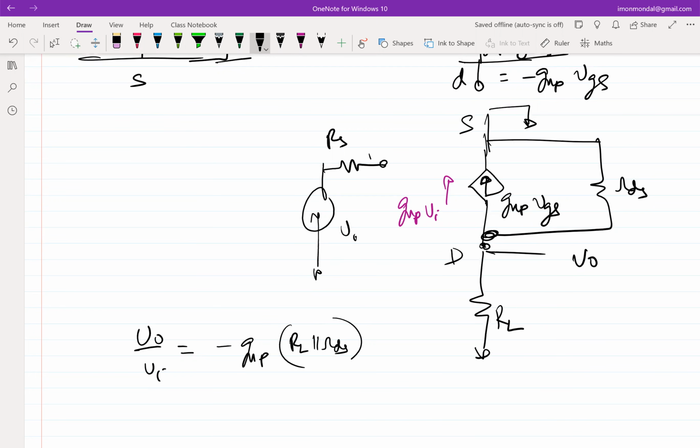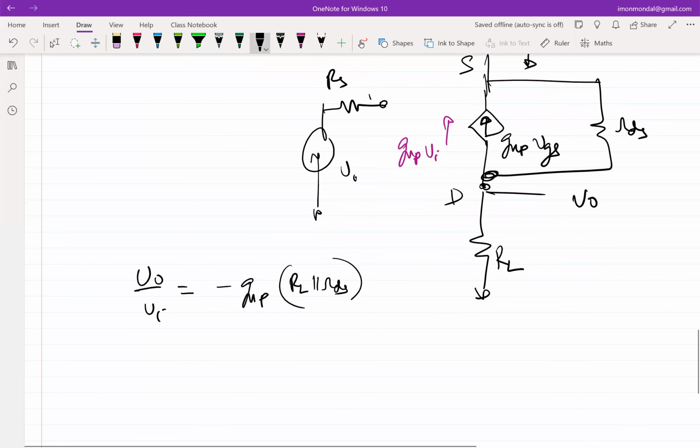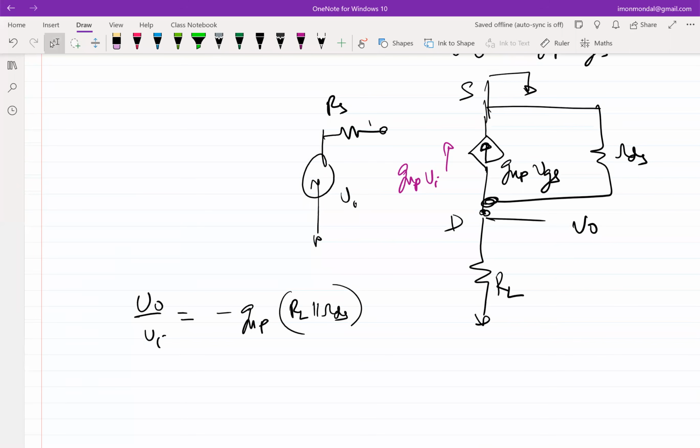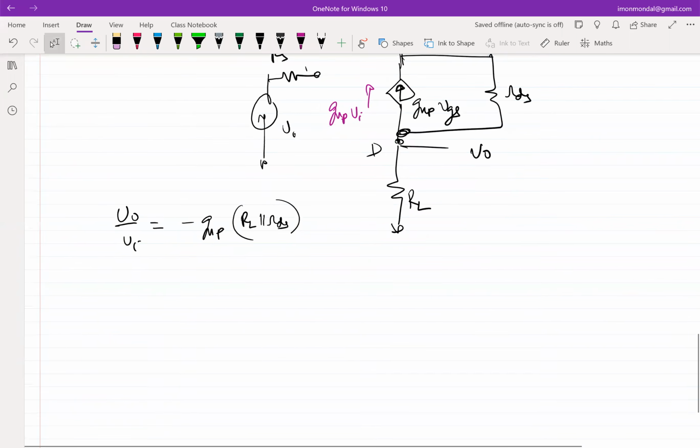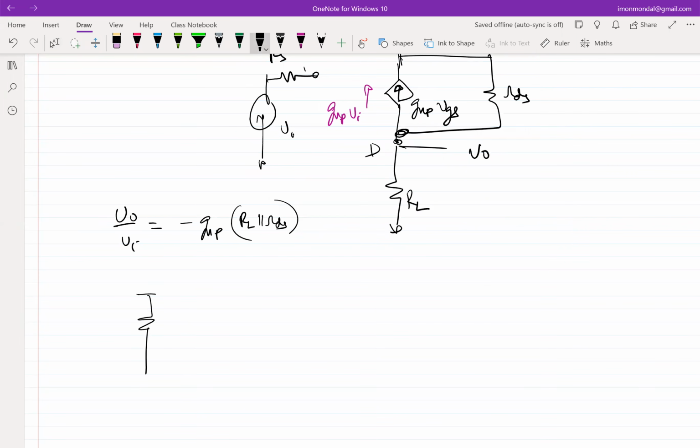Expression-wise it is identical, but if you also have to do the biasing of this, this is the incremental picture. So what will be the bias picture? In the case of an NMOS transistor, the bias picture was this.